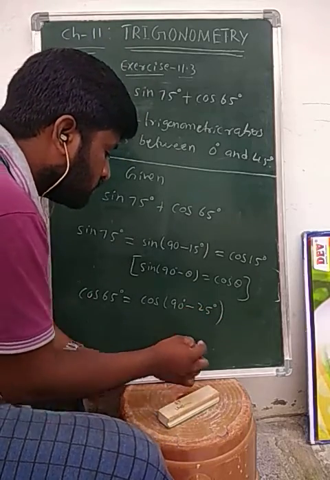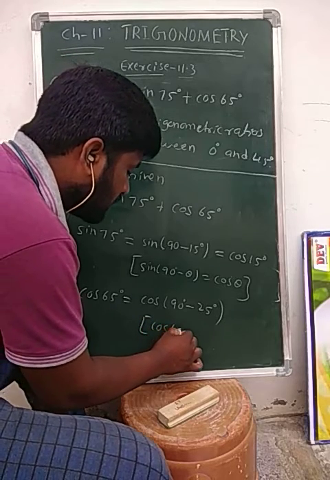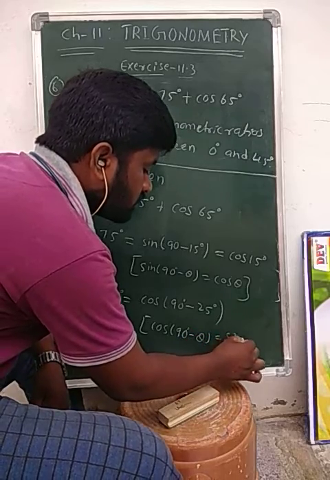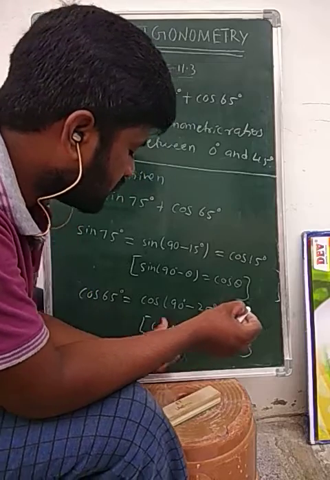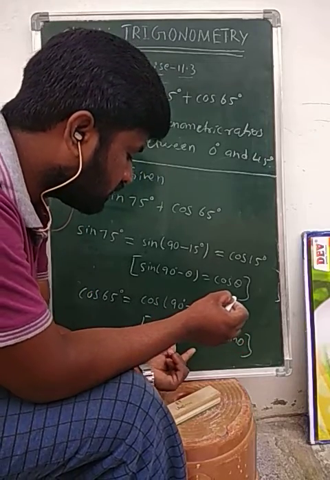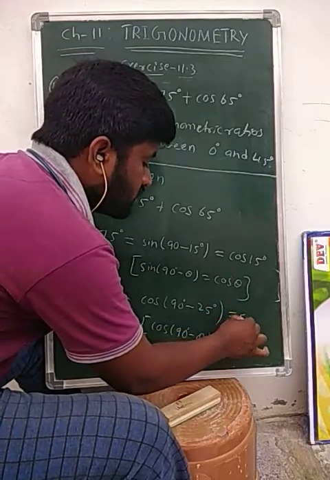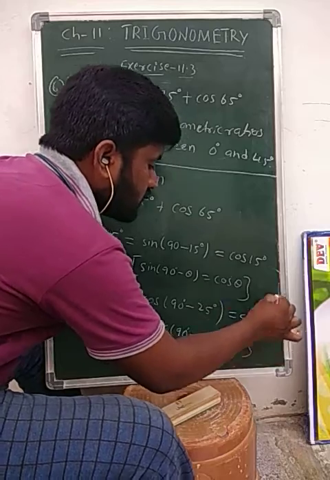Here also, which formula is useful for us? Cos 90 minus theta is equal to sin theta. So cos 90 minus 25 can be written as sin theta, that is sin 25 degrees.